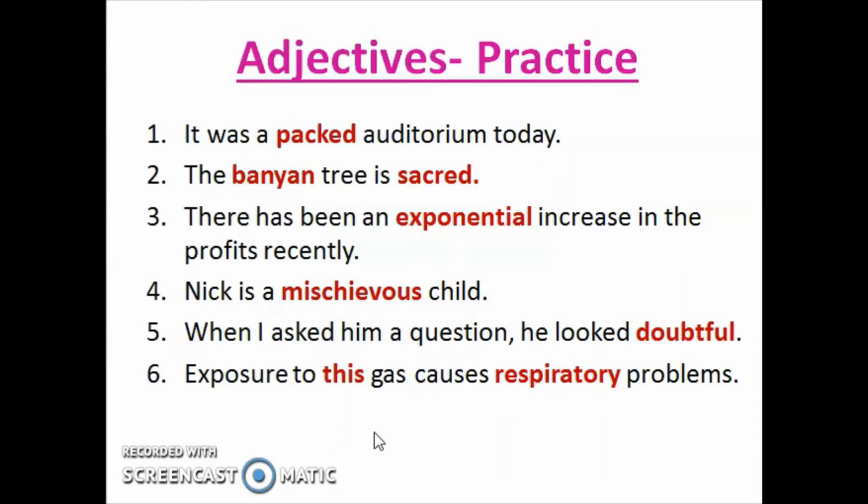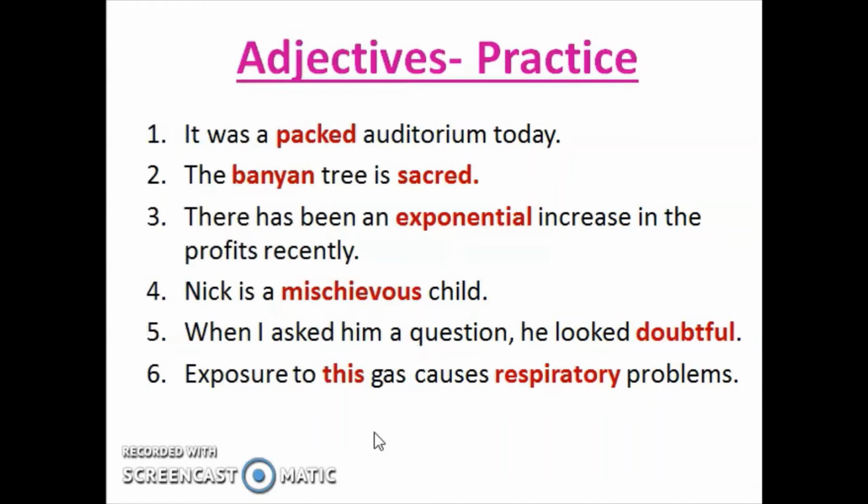In sentence 5, when I asked him a question, he looked doubtful. Notice the word doubtful is not followed by a noun. So we ask the question, who looked doubtful? He looked doubtful. And he is a pronoun which is actually replacing a noun.